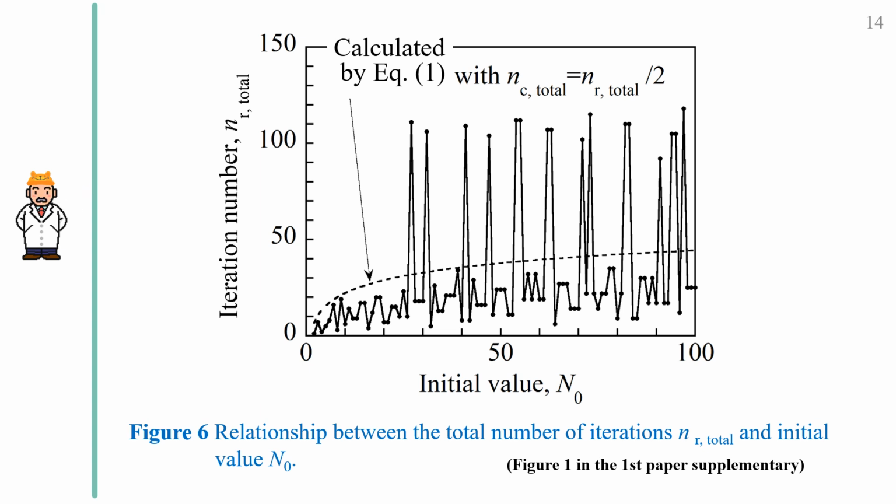The dashed line in the figure represents the calculated line for the number of iterations obtained from equation 1. For initial values that are not transiently rapidly increasing numbers, the number of iterations closely matches the actual behavior. This indicates that equation 1 can be used when checking the validity of a proof of the Collatz conjecture.